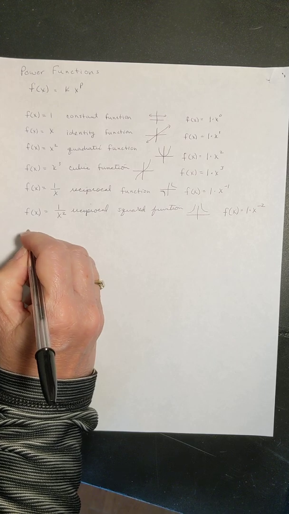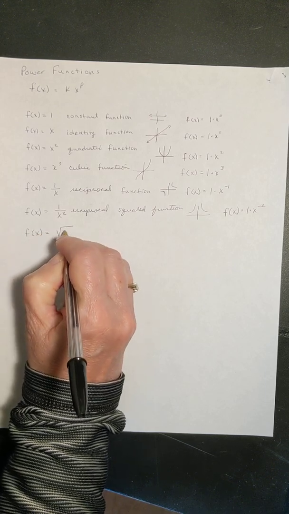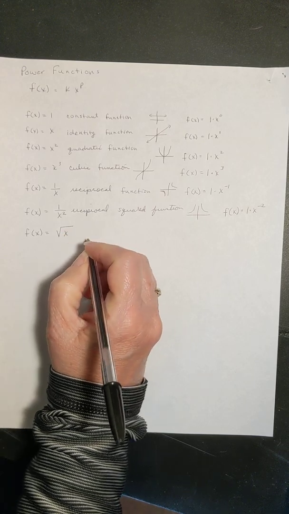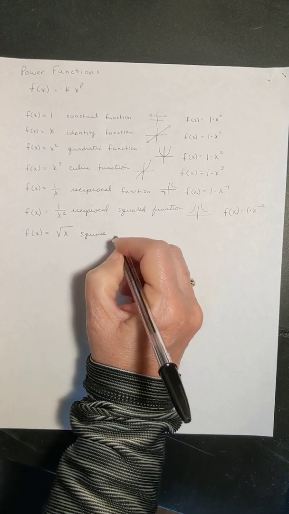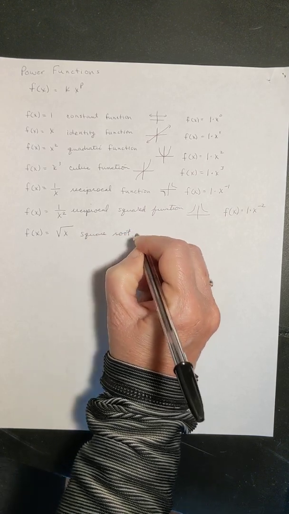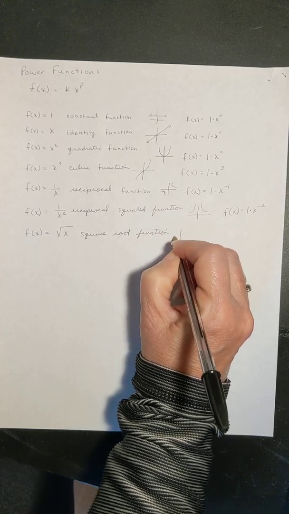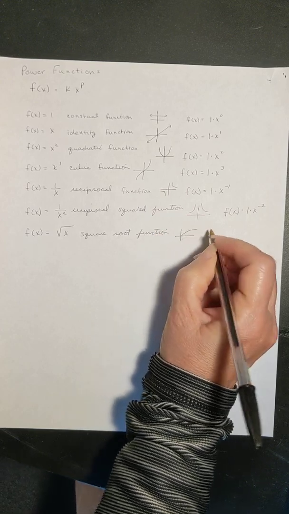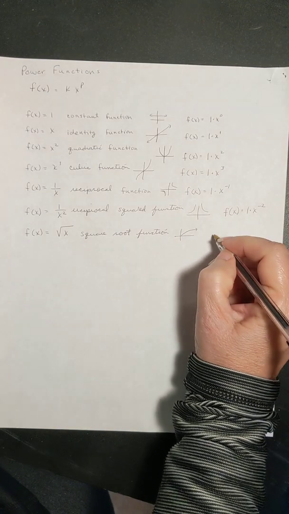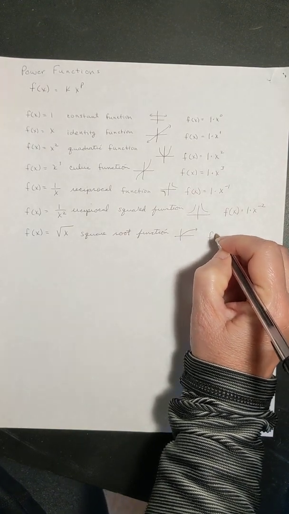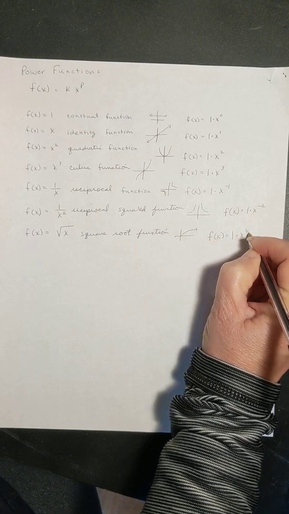Then we have the square root function. f of x is equal to the square root of x. Let me write this down, square root function. And so it is half of a sideways parabola. And it's a power function because, if you recall, it is x to the 1/2.